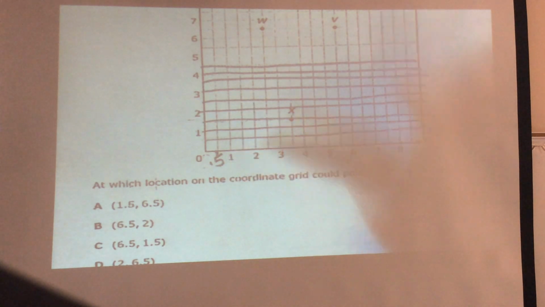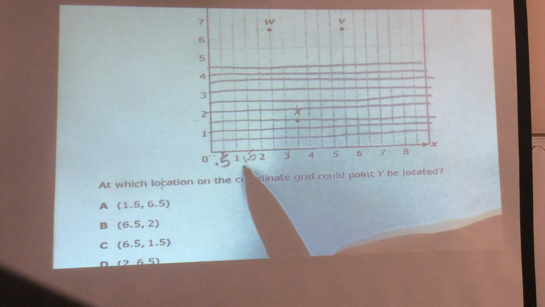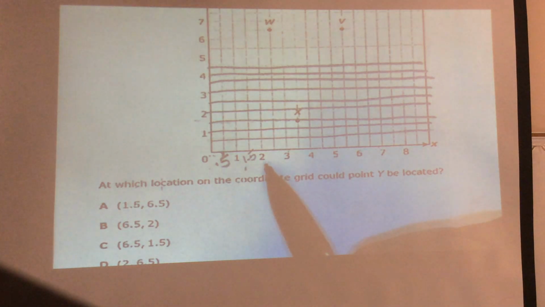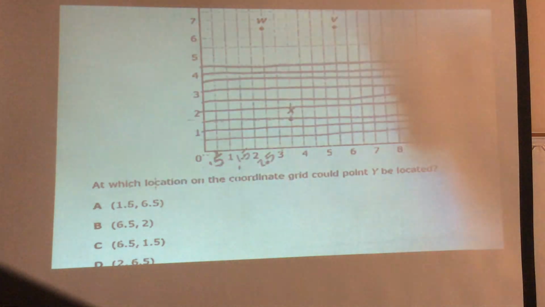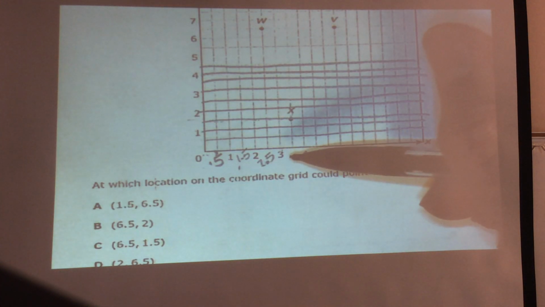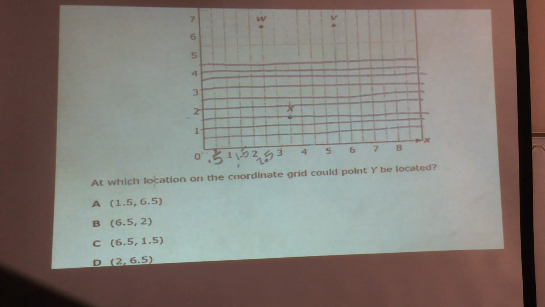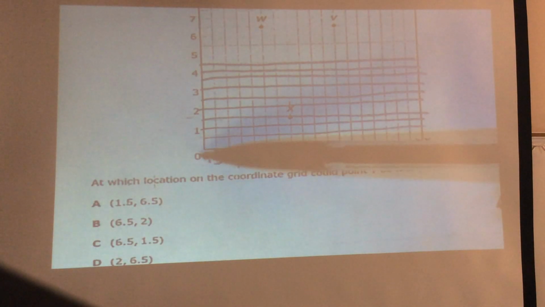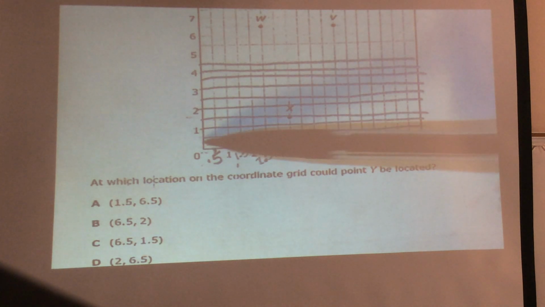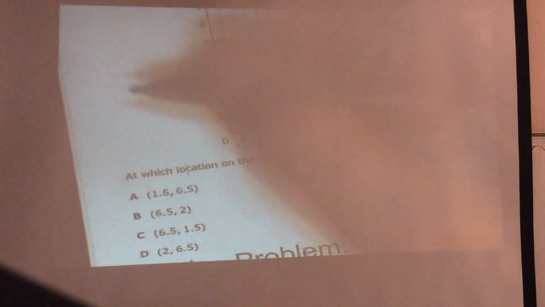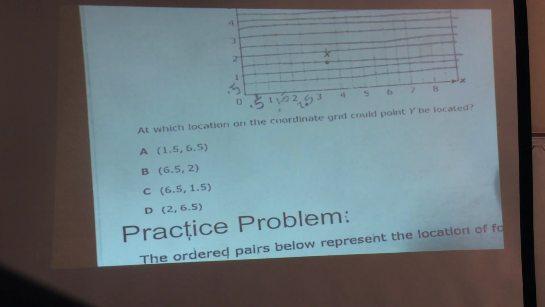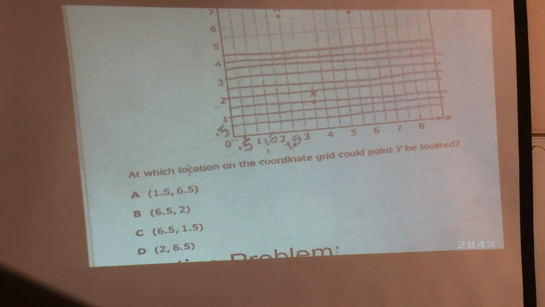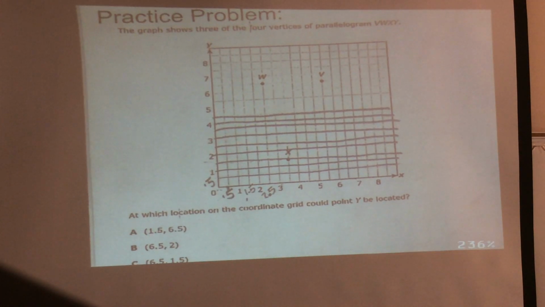If I add 5/10 to 1, I have 1 5/10. 1 5/10 plus 5/10 is 2. 2 plus 5/10 is 2 5/10. 5/10 plus 2 5/10 is 3. Okay, same thing going up. Between 0 and 1, there is a mark here, so that means this is 5/10 or 1/2 as well. They're going up by half increments. Okay. So I'm going to zoom out and read the question now.